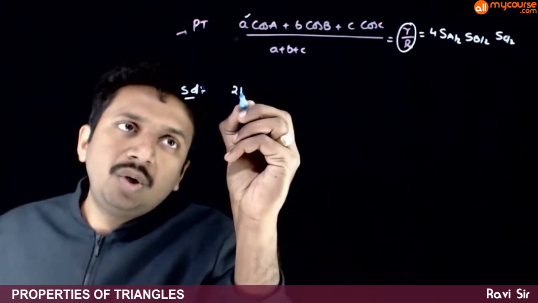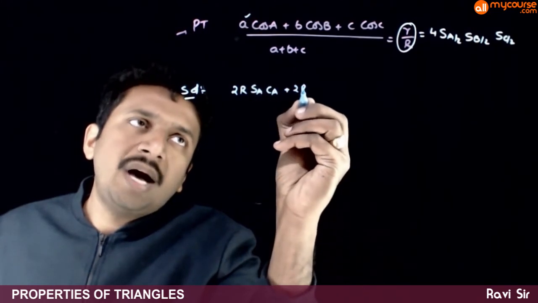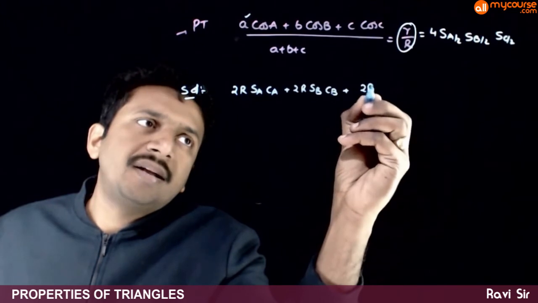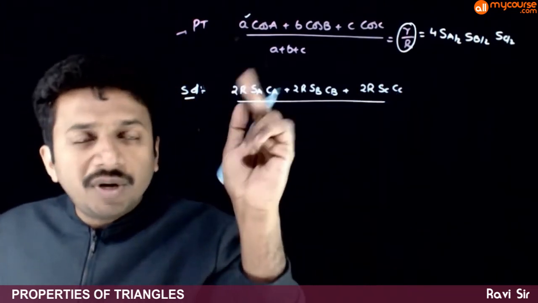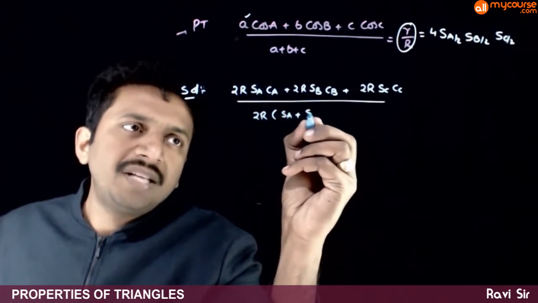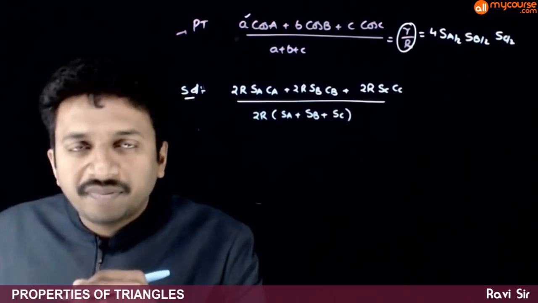So you get 2R sine A cos A plus 2R sine B cos B plus 2R sine C cos C divided by, in the denominator also, 2R sine A plus 2R sine B plus 2R sine C in brackets.